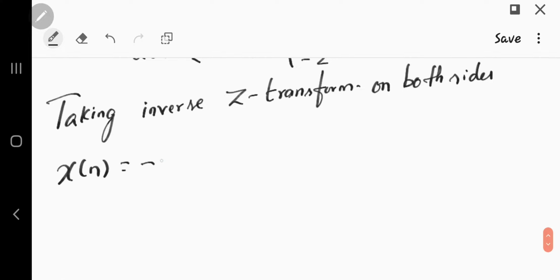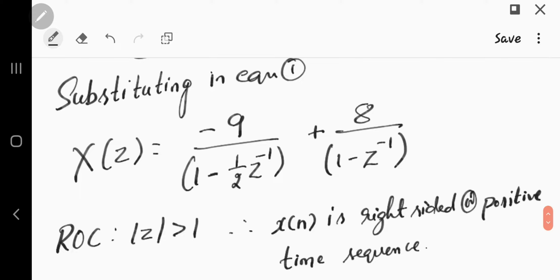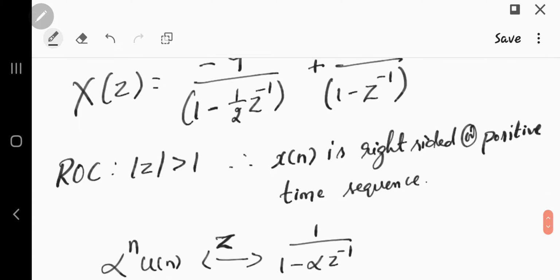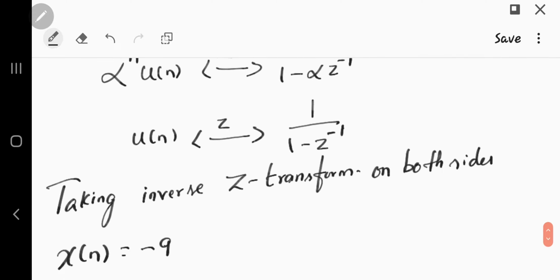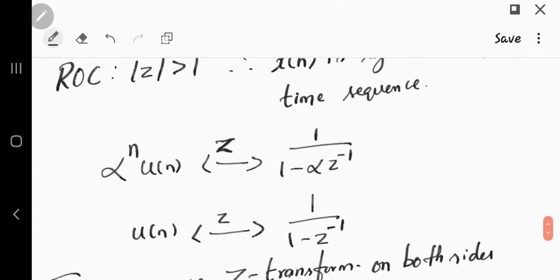If you take minus 9 outside, this will become 1 divided by 1 minus 1 by 2 z inverse, so that will be alpha to the power n into u of n.